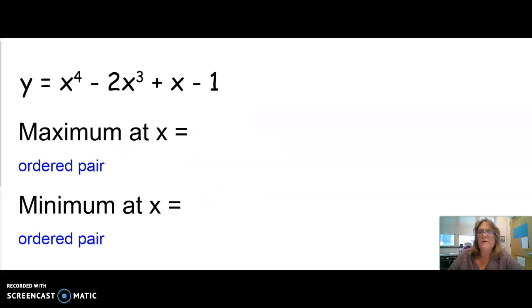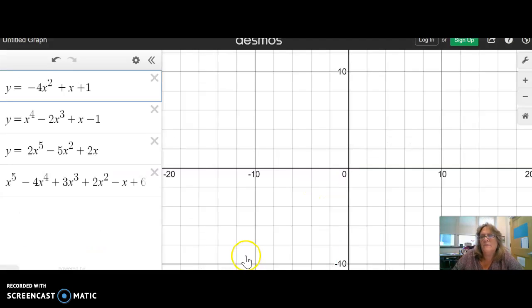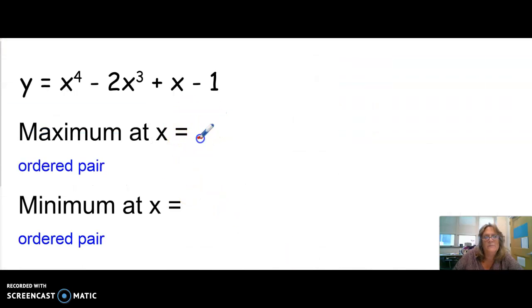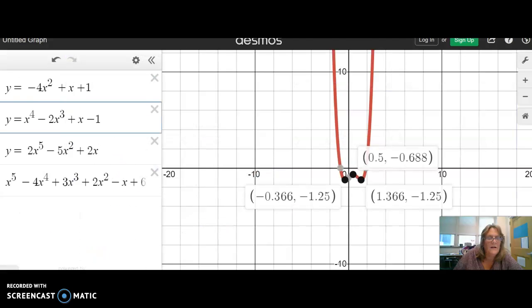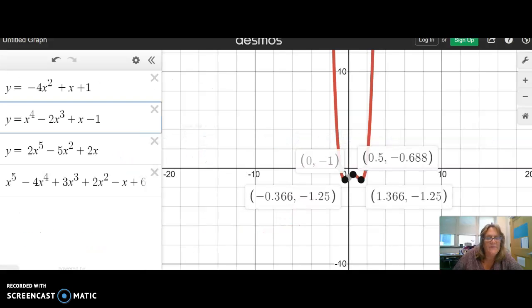Okay. If I look at this one, let's see what we've got. All right, got a couple points. This looks kind of low, this looks kind of low, and that one's going to be high. So at x = 0.5, I have a maximum, and the ordered pair is (0.5, -0.688). Now my minimums, I have two of them.